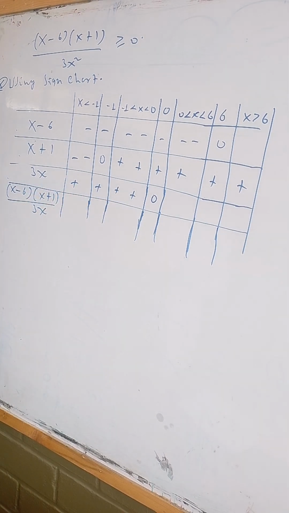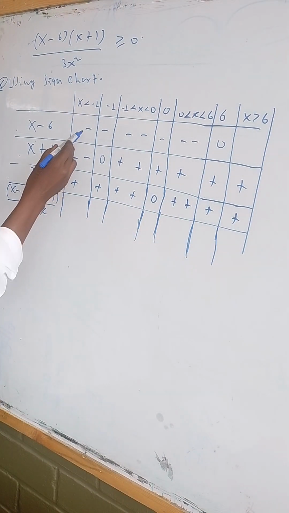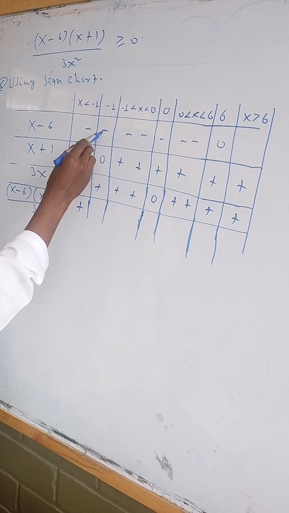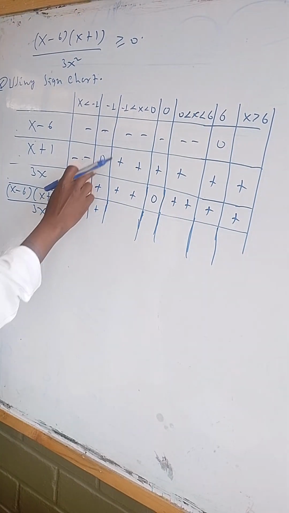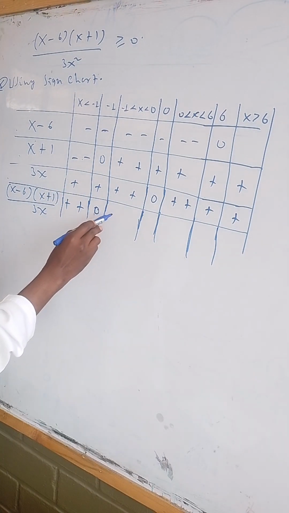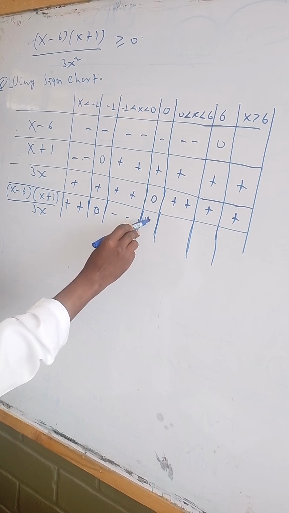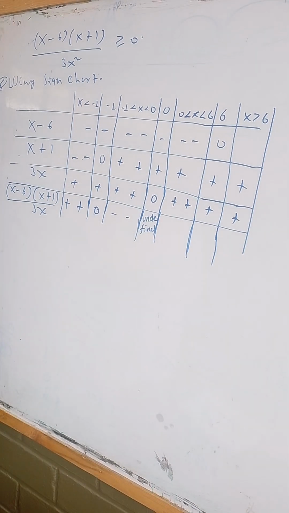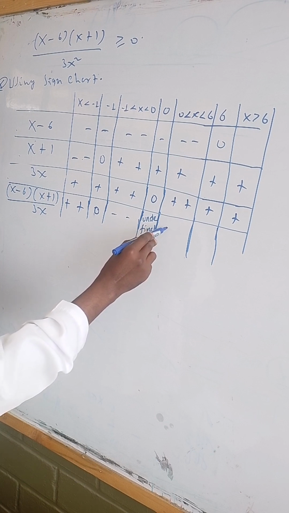So now we multiply the results of x minus 6 and x plus 1. For x less than minus 1, negative times negative is positive, divided by positive is positive. At minus 1, the numerator is 0, so the expression is 0. In the interval minus 1 less than x less than 0, negative times positive is negative. At x equal to 0, minus times positive divided by 0 is undefined, because a number cannot be divided by 0.